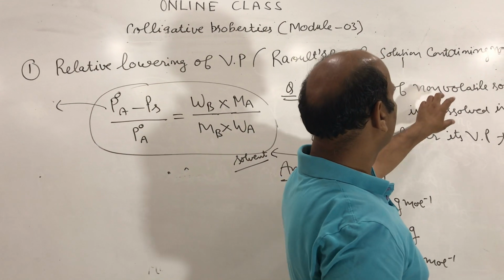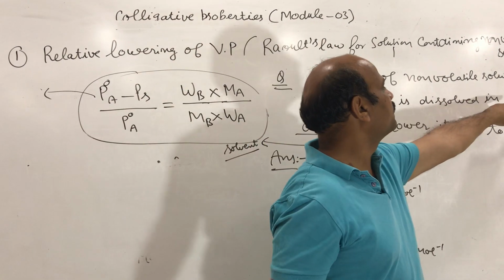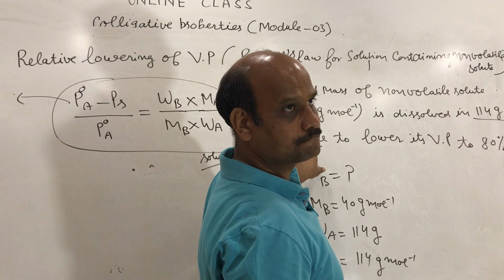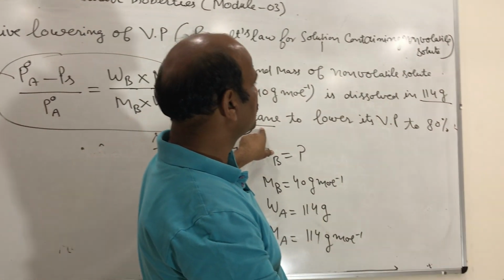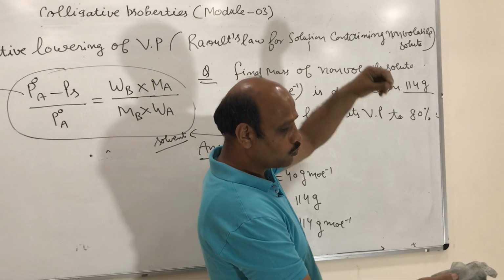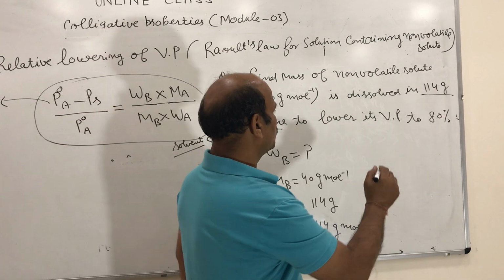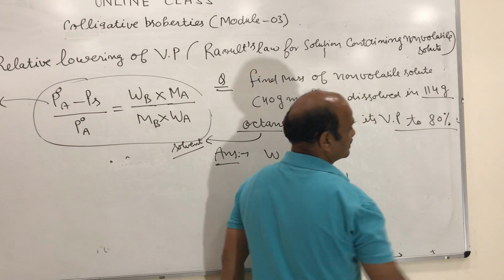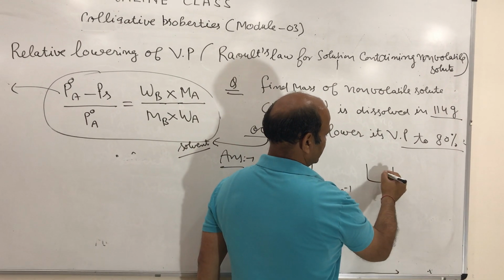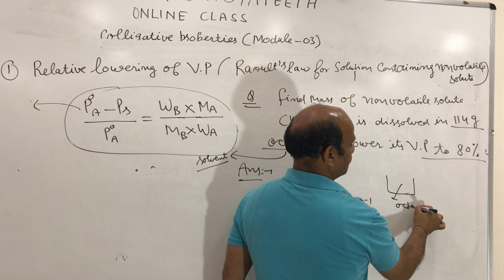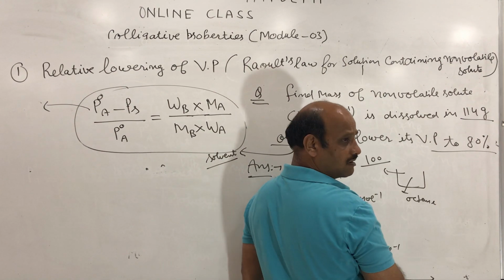Now come to this. Non-volatile solute is dissolved in 114 gram of octane. Octane is a pure liquid, a volatile solvent, and you add non-volatile solute. Then what happens? Vapor pressure goes on decreasing. Or you can say this 80%. What is this? Suppose this is octane, here vapor pressure is 100.